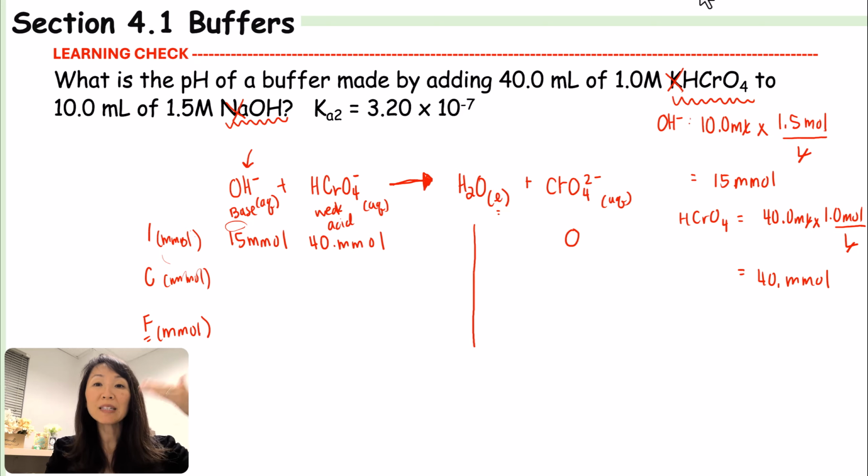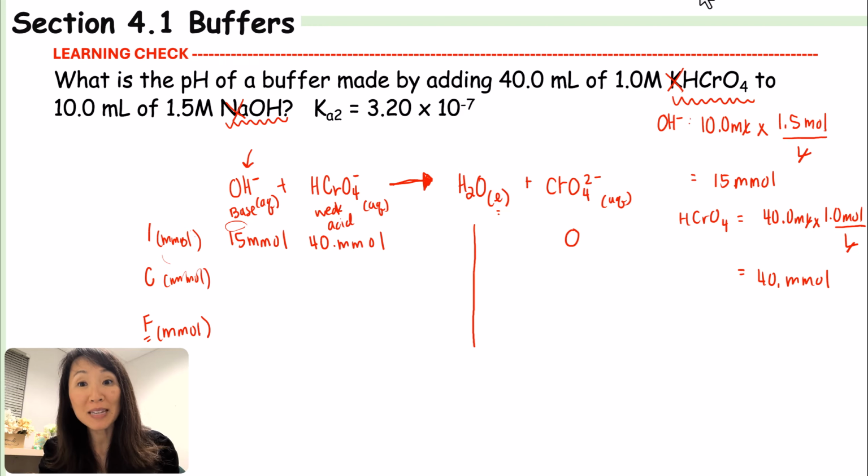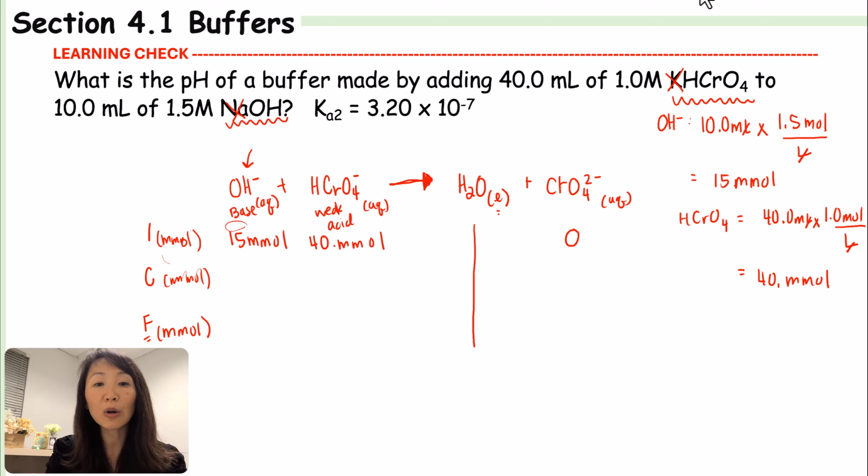Okay, and there's going to be some kind of change. And what is this change going to be? Well, the change is going to be the limiting reactant. Because this is going to completion, you're going to look at the one with the lowest value of the reactant, and the lowest value of the reactant is hydroxide.